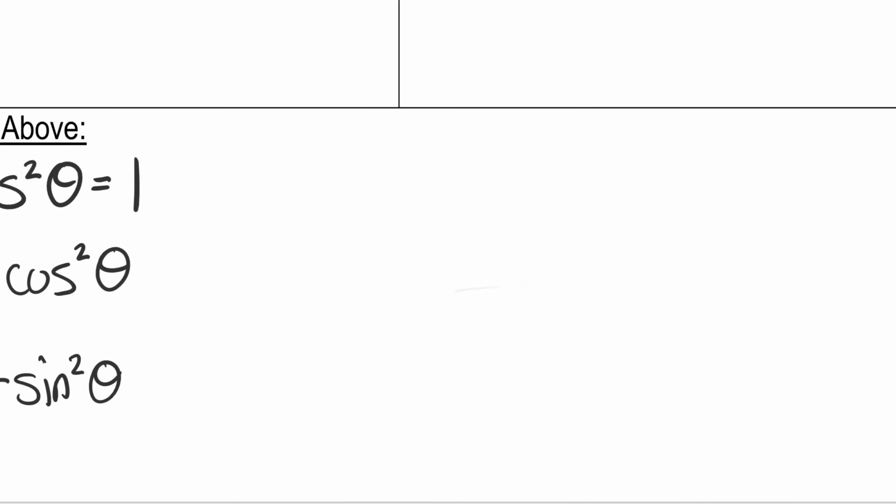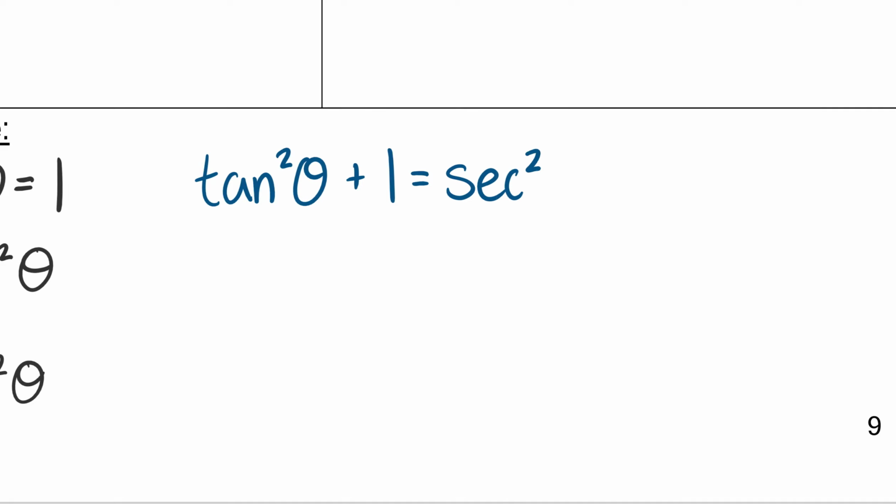Okay, the next one would be, this is the next Pythagorean identity. We have tangent squared theta plus 1 equals secant squared theta. Now I can rewrite this two more ways. That gives me secant if I want it.